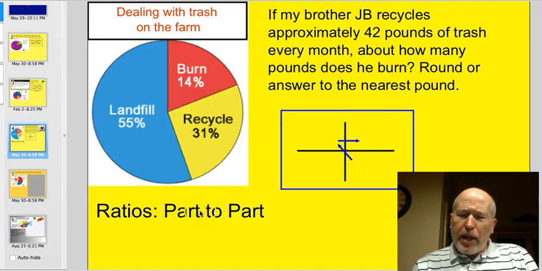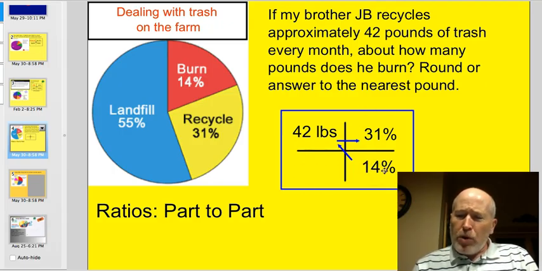Well, I want to remind you that we can set up ratios not just top to bottom as a fraction, but ratios going side to side. So I know that 42 pounds of his recycling is equivalent to 31%. So really, what I want to know here is how many pounds are equal to 14%.